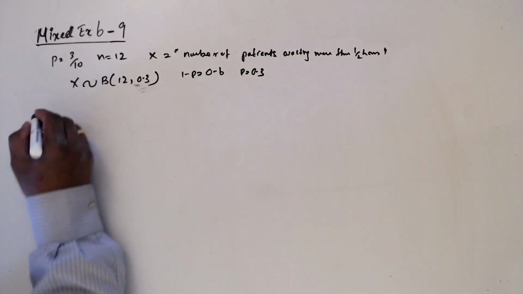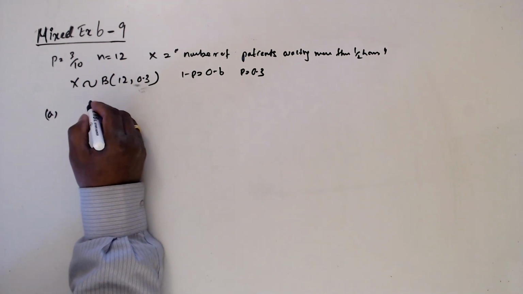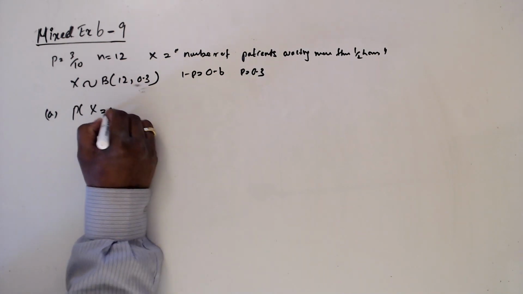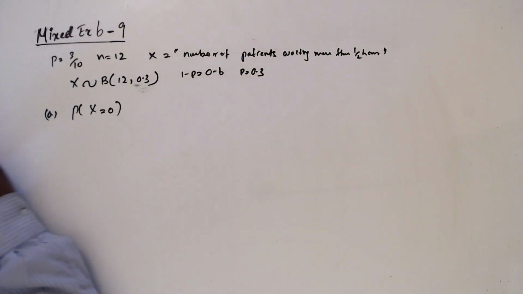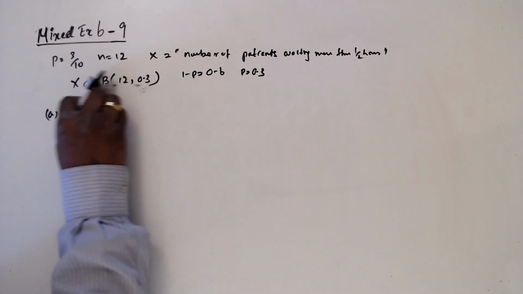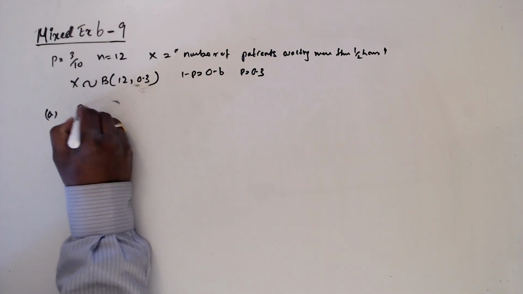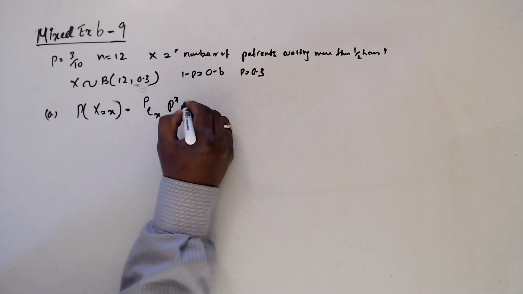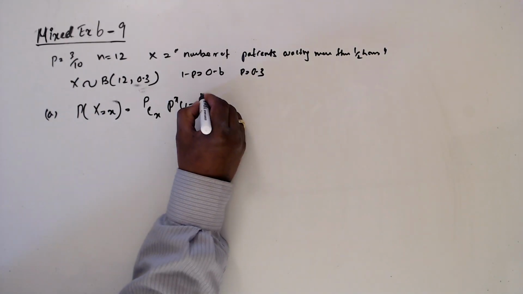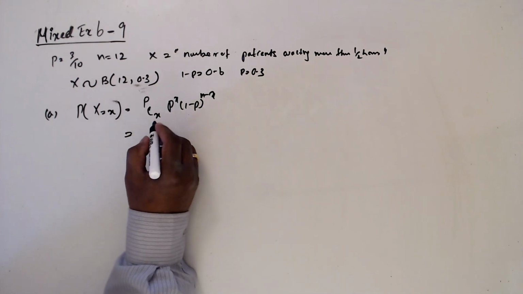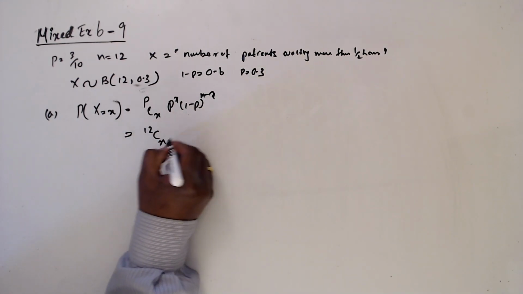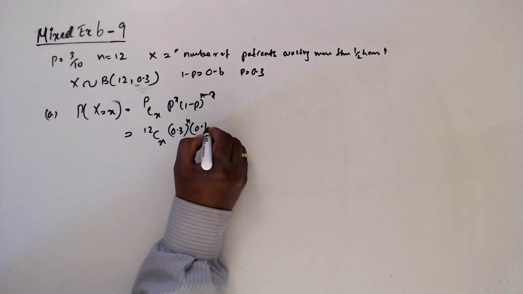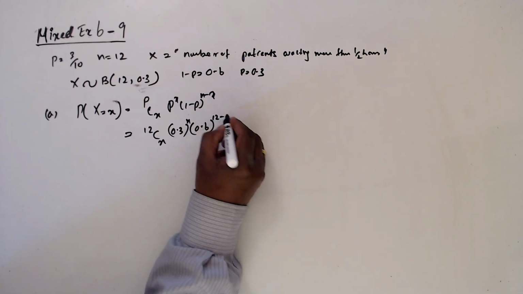And the first question is none of them waits more than half an hour, so the probability of X equals 0. The probability of X equals x is nCx p^x (1 minus p)^(n minus x). So this is 12Cx times 0.3^x times 0.7^(12 minus x).